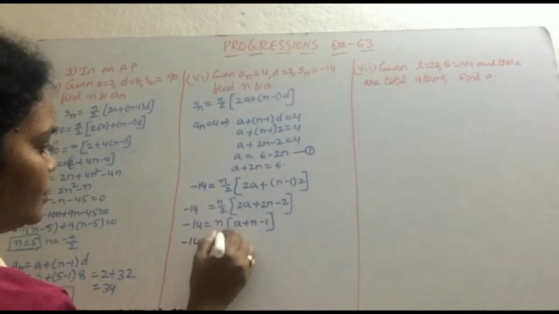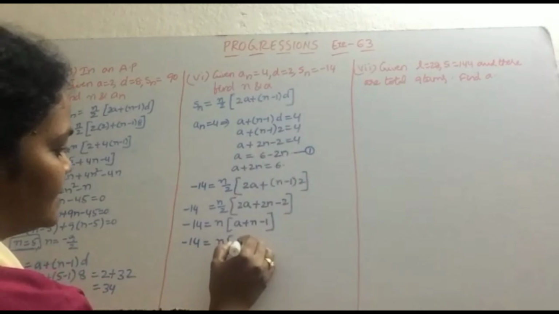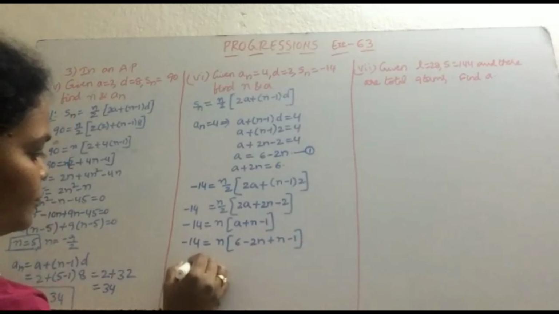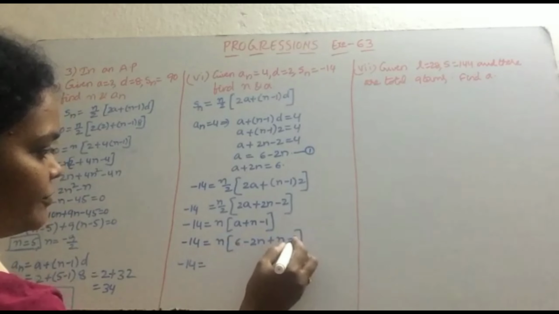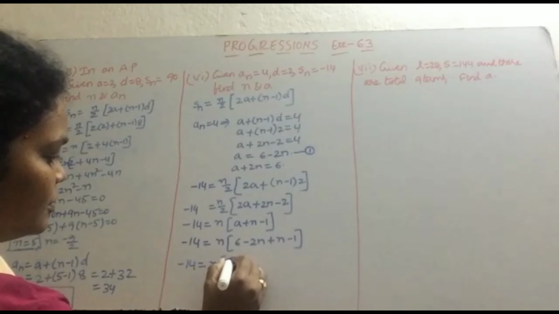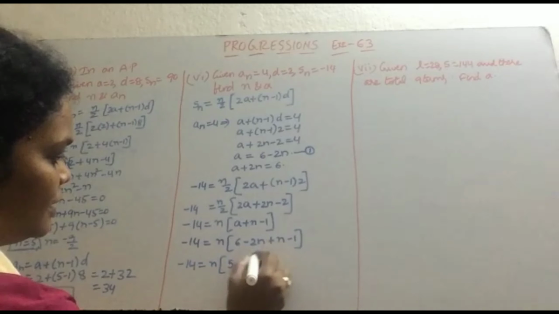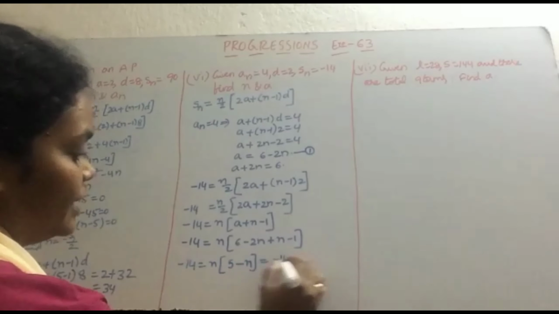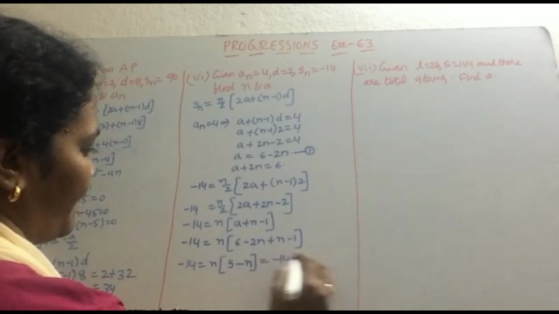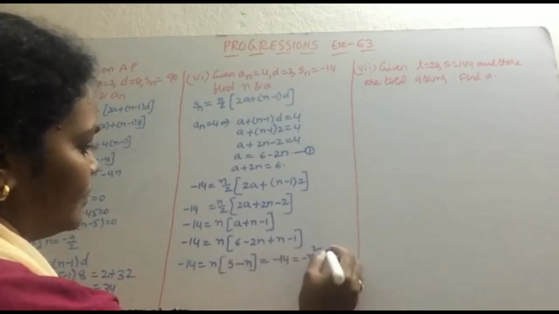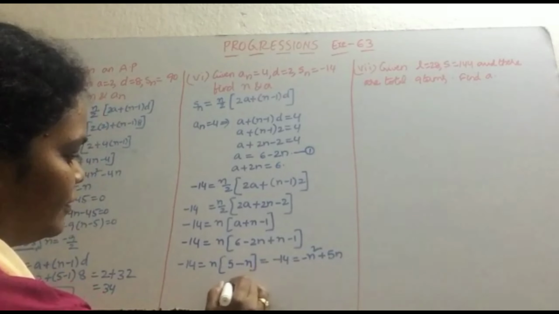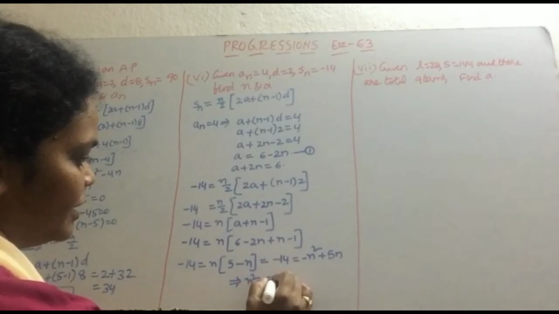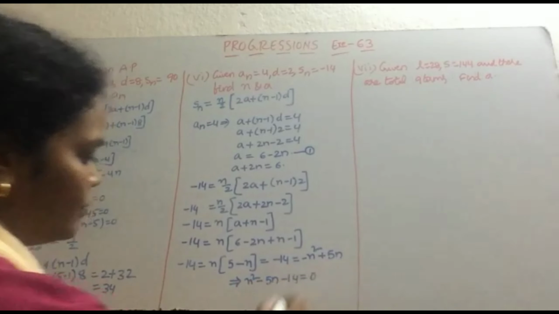So minus 14 equal to n into (6 minus 2n plus n minus 1). So minus 14 is equal to 6 minus 1, 5. So n into (5 minus n) equal to minus 14, minus 14 equal to minus n square plus 5n. Now I will write this equation as n square minus 5n minus 14 equal to 0.